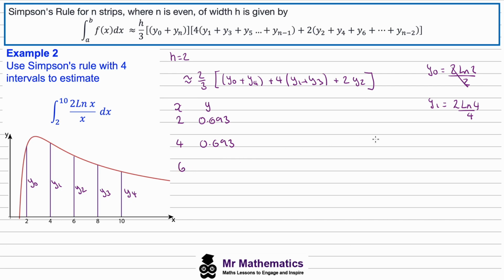When x is 6, we get the y2 value: 2 times the natural log of 6 over 6, which is 0.597. When x is 8, we get our y3, and this gives us 0.520. When x is 10, we get y4, and this is 0.461.